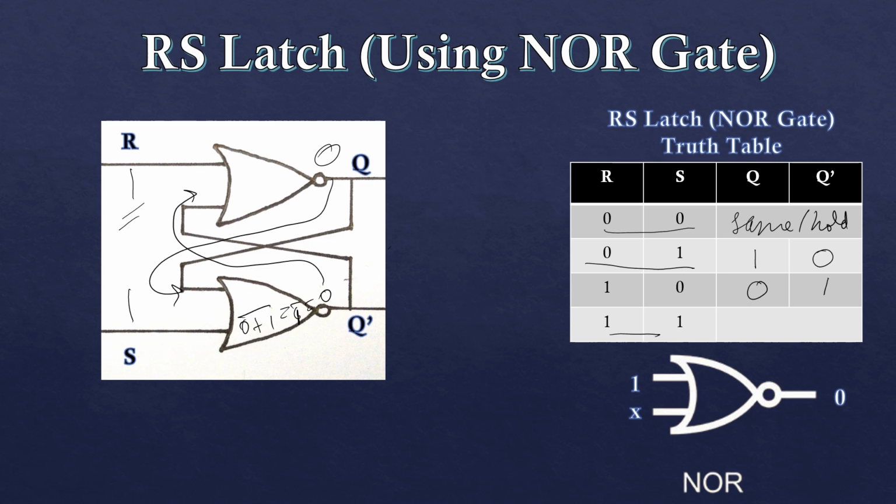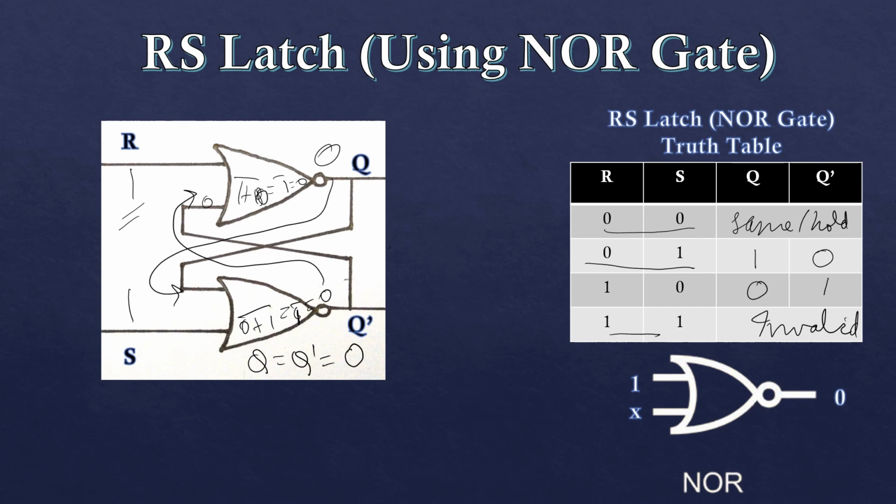This 0 will go here, and the same thing, 1 plus 0, whole bar, is 1 bar, which is 0. Now if you observe, Q is equal to Q bar is equal to 0, which violates the property that a value and its negated value cannot be equal. Here both are equal, so you can't consider this input. So I will write it here as invalid.